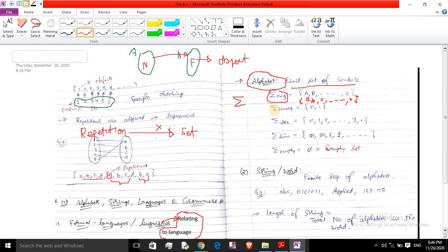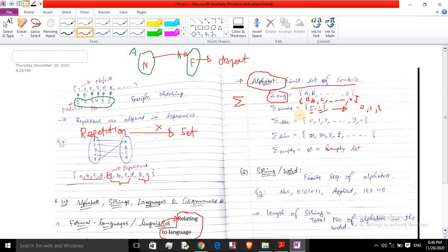There is also the alphabet of a binary number, which has only two symbols, 0 and 1. The ternary number has only three symbols: 0, 1, and 2. There is also the octal number, which has symbols from 0 to 7.